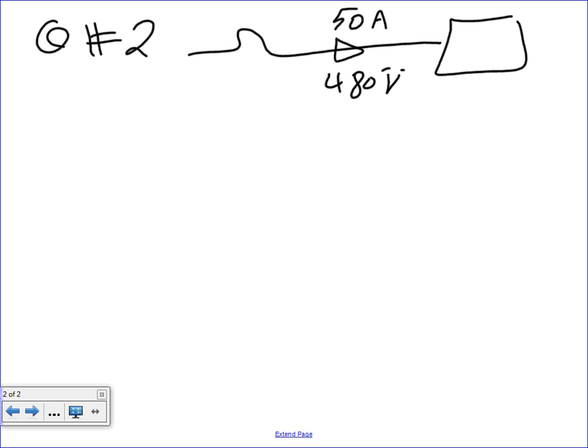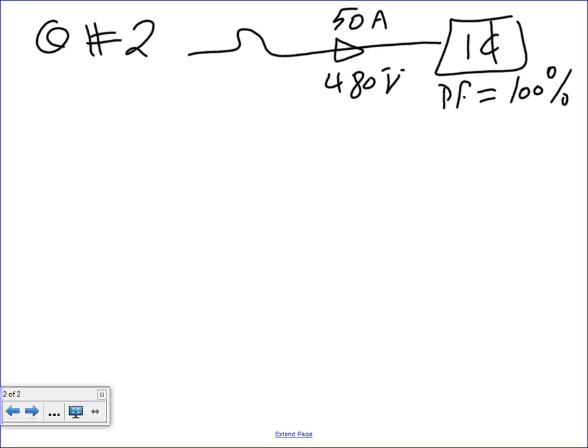Taking 50 amp at 480 volt, power factor equal 100%, unity, 100% power factor. Okay, the system is single phase.